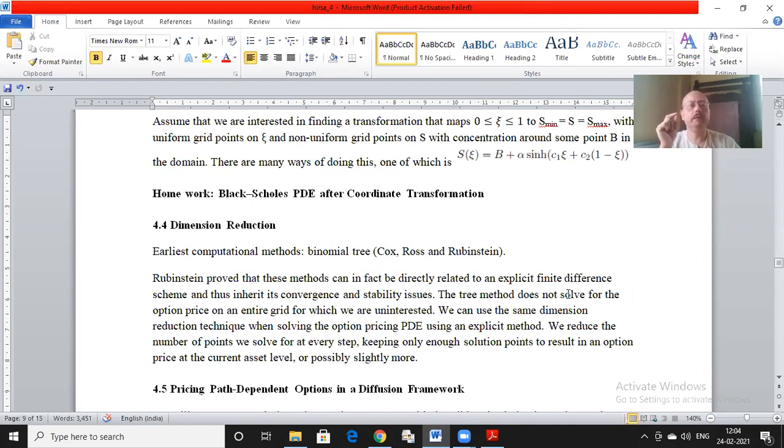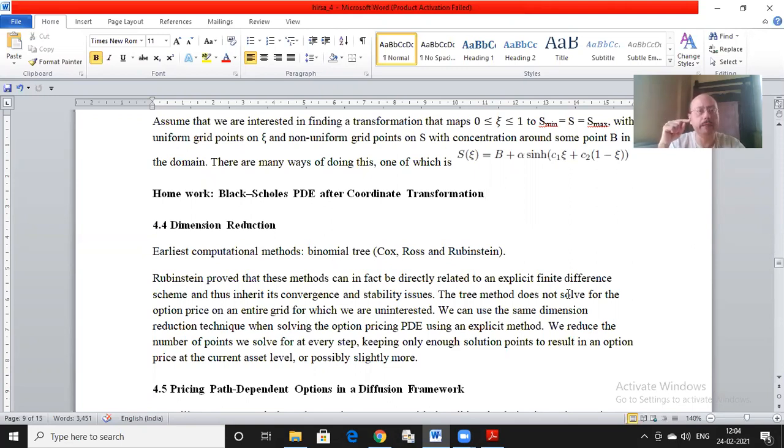If you think about it a little bit, and it is proved by Rubinstein formally, that this branching process where we are doing all our calculations, they can in fact be related to a finite difference scheme. Because at each step, we are essentially combining the two branches in the next time point.